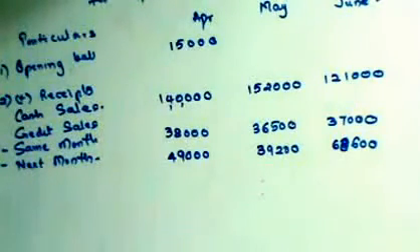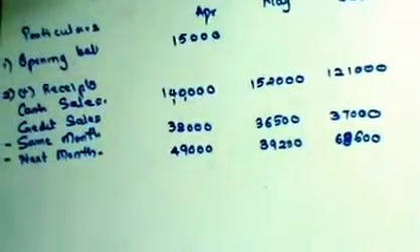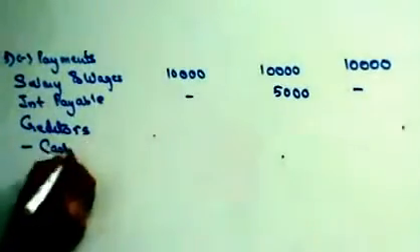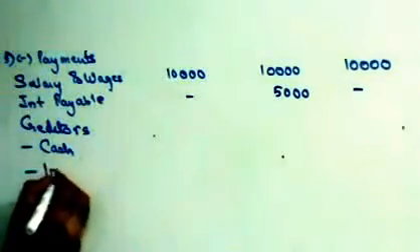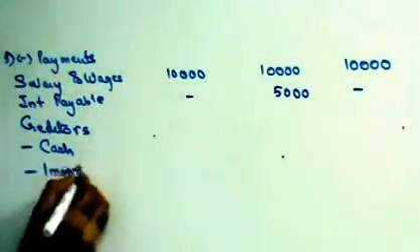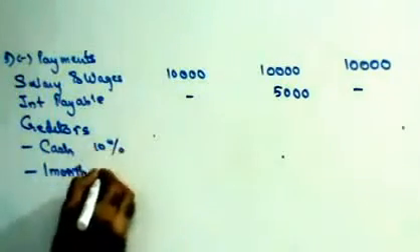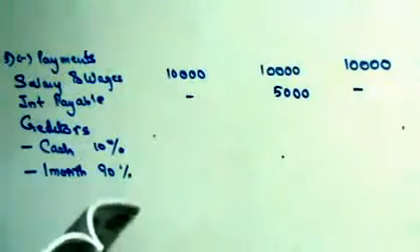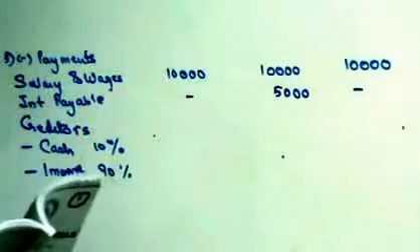Next. Creditors are paid either on prompt or 30 days basis. It is estimated that 10% of the creditors are prompt. There are two types of creditors, cash and 1 month credit. 10% of them are cash and 90% of them are credit. Now let's look at the creditors for the month of April.